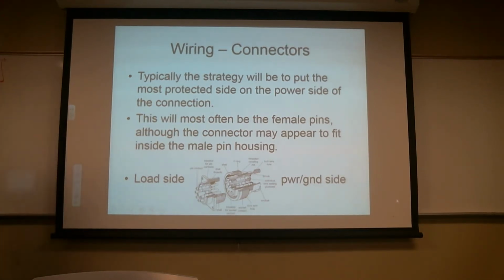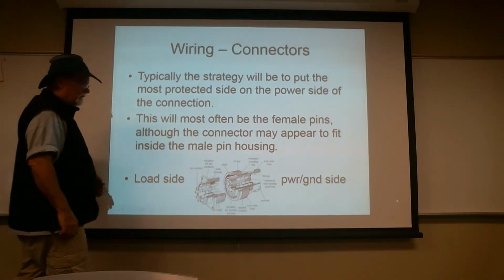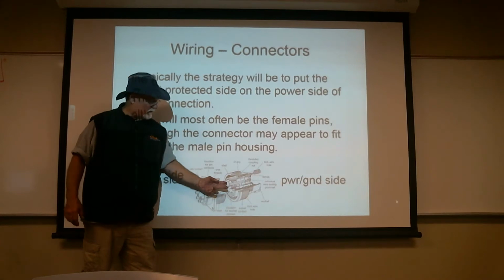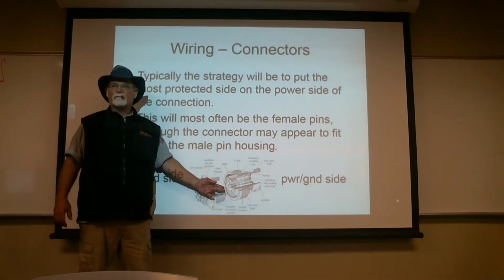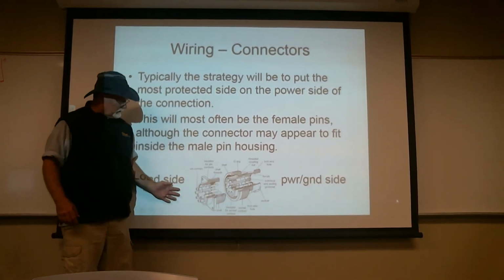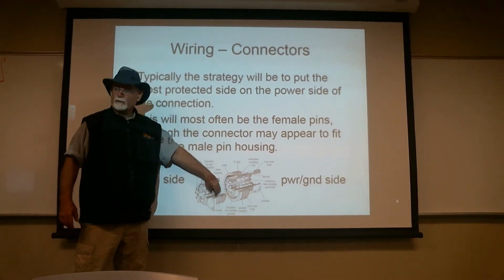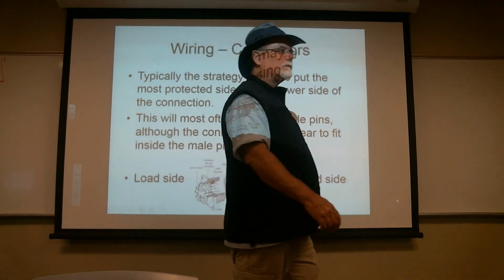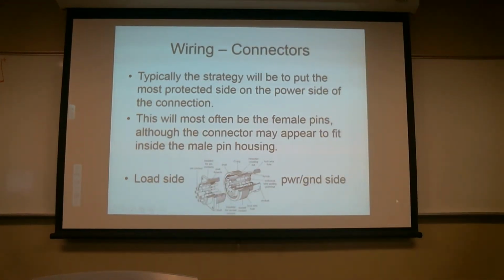It can't just fall on something and short the two together. If I put that on the female side, something actually has to dive into the two correct holes before a short will happen. Whereas if it's on this side, any bolt or nut or anything coming into there can very easily short a couple of critical leads, and then you're somewhat in trouble.